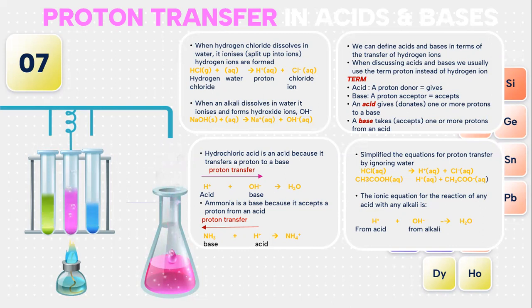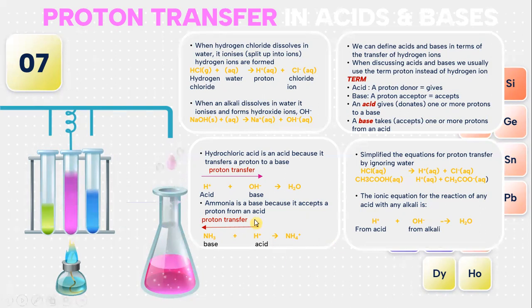So hydrochloric acid is an acid because it transfers a proton to a base. You can see from this equation, acid H positive transfers a proton to a base.